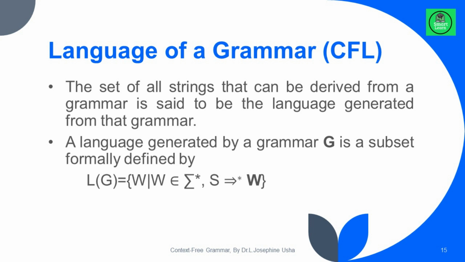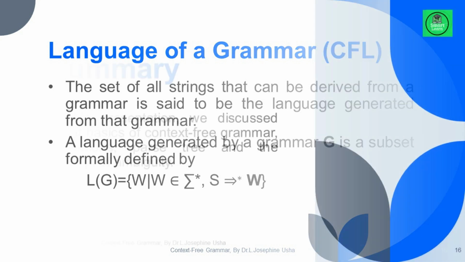S derives w in zero or more steps. We can apply the derivation any number of times, and at last we derive a set of terminals. w is a string that contains only terminals. So it is the language of a grammar. You understand? This is what a context free language is.